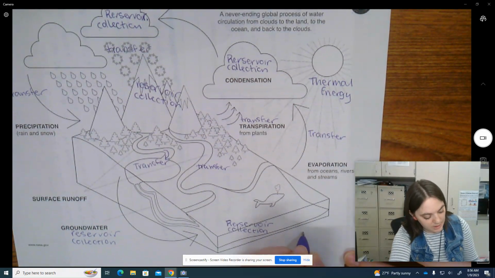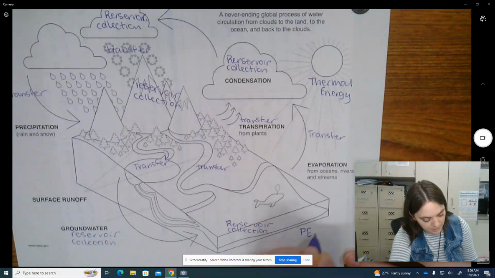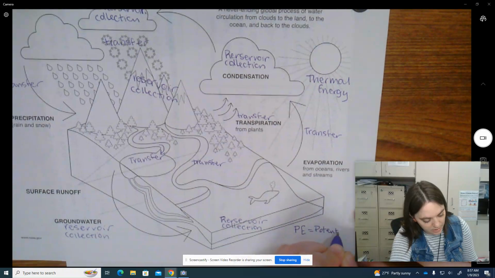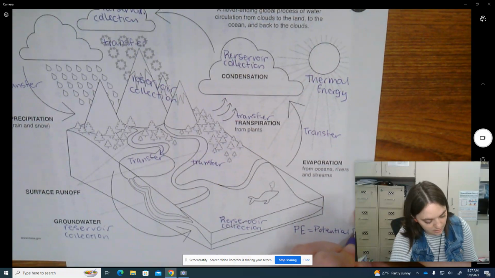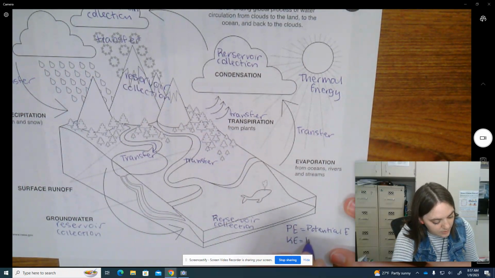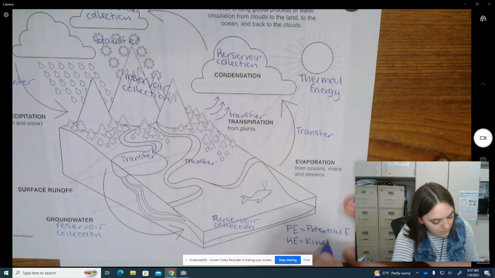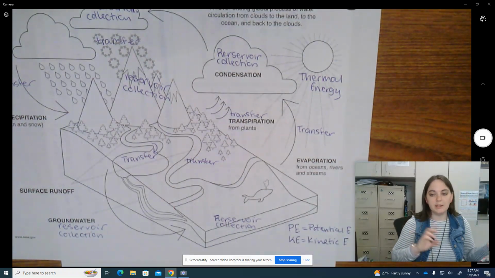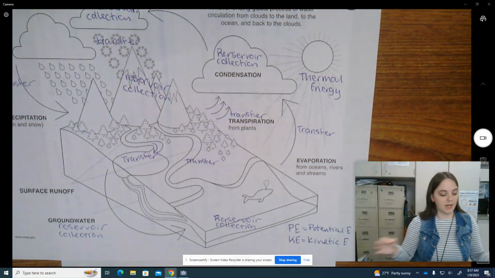So down here, I'm going to say PE equals potential energy and KE equals kinetic energy. That way I can just put PE and KE instead of the entire word, okay?